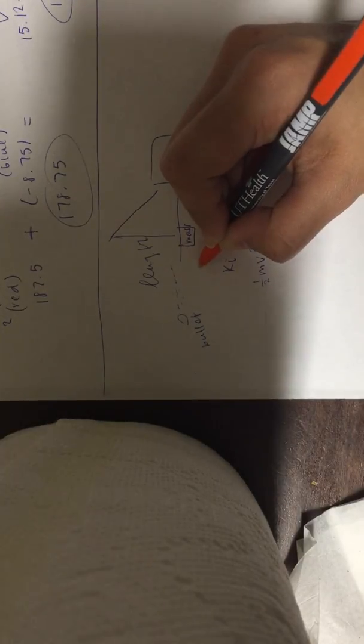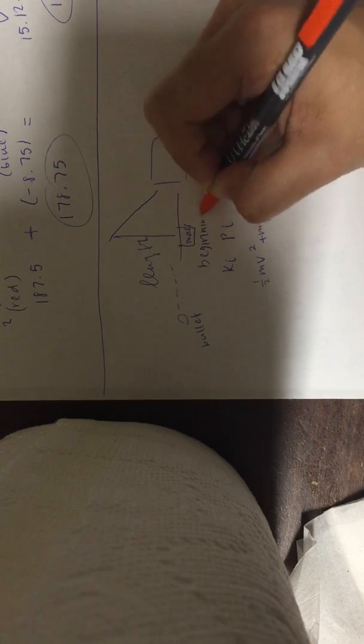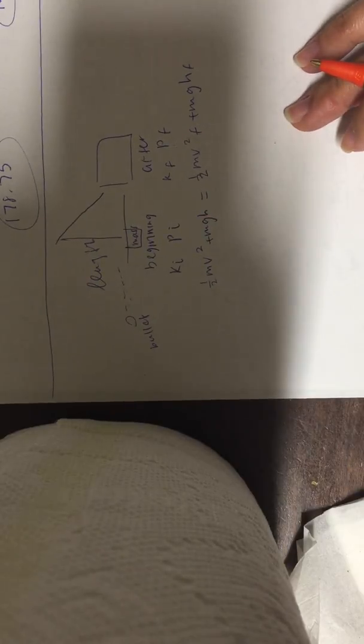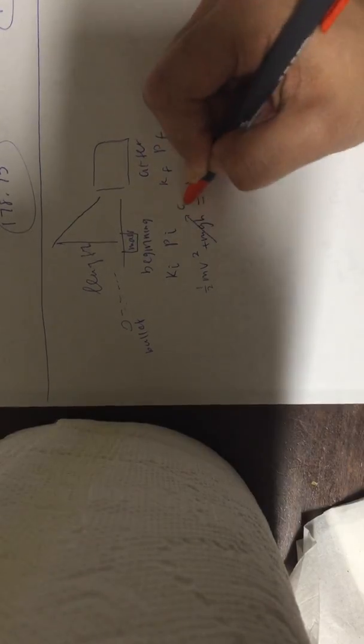This is beginning. This is after. Okay. And this will be 0 because, excuse me, you don't know the mass and the height of it, because it says a bullet hits a mass with the length and mass and lodges in.